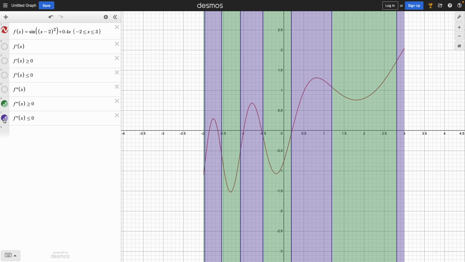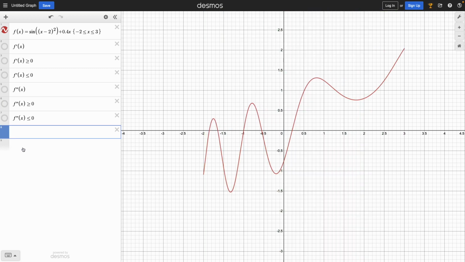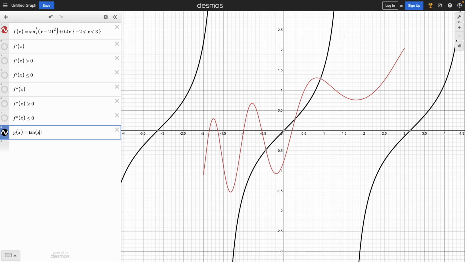And other than that, for computing the values of derivatives, I can use this. Let's say that g of x is tangent of x, and I will compute h of x, which is f of x times g of x.